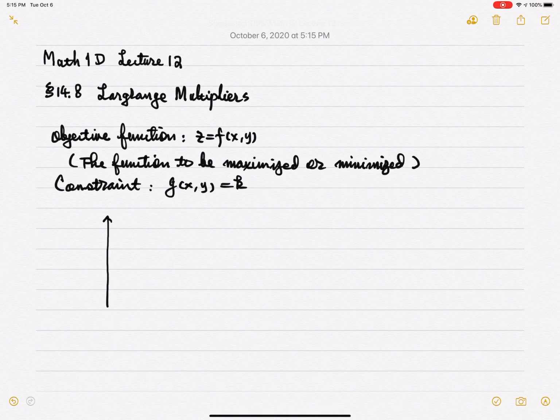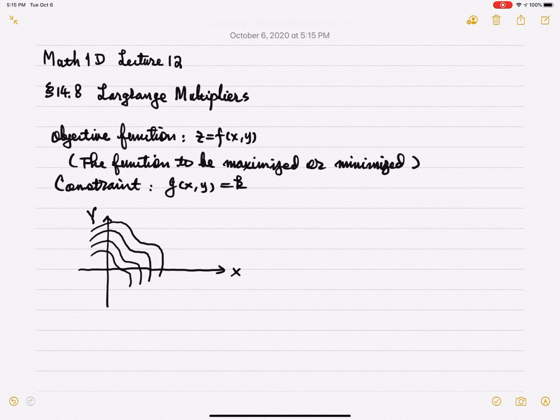Suppose on the xy plane, so this is x, this is y, we draw the level curves of z equals f(x, y). If you think of it as a mountain, you should have closed curves.